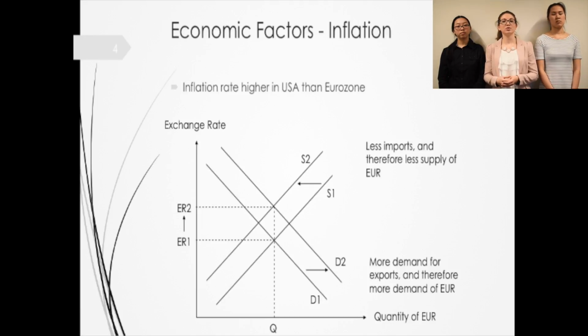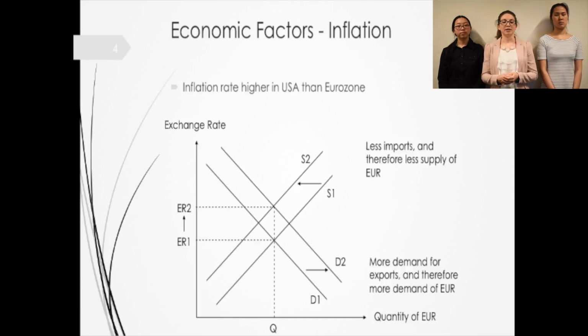However, the key interest rate in the Eurozone is 0%, which is according to the European Central Bank, and this has been the case since March 2016, which means that the nominal interest rate is lower in the Eurozone than in the United States. However, taking into consideration the inflation rate of both economies, we can see that the real interest rate is higher in the Eurozone than in the United States.